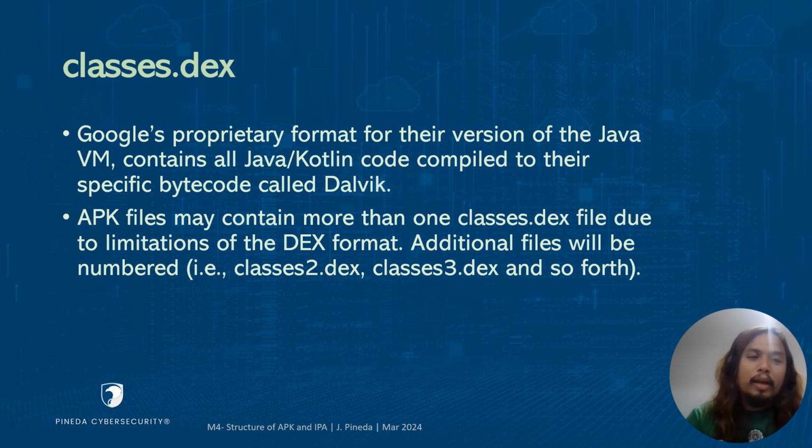The APK may contain more than one classes dex file due to limitations of the format, so you will see files like classes2.dex, classes3.dex, and so forth. Usually for reverse engineering, this is what we try to disassemble and understand the flow of the application.